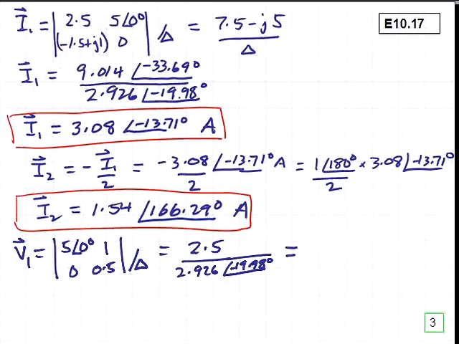or V1 is equal to 0.854 at an angle of plus 19.98 degrees volts.